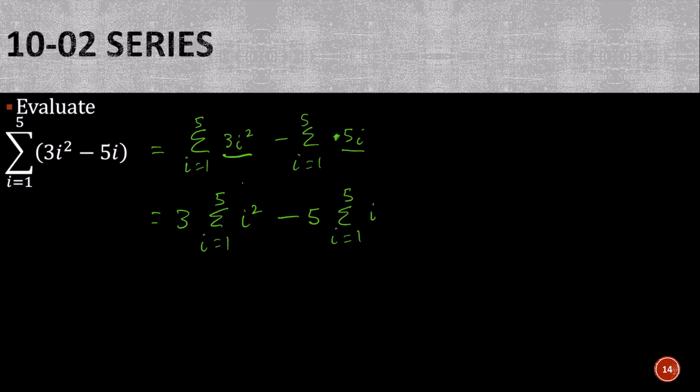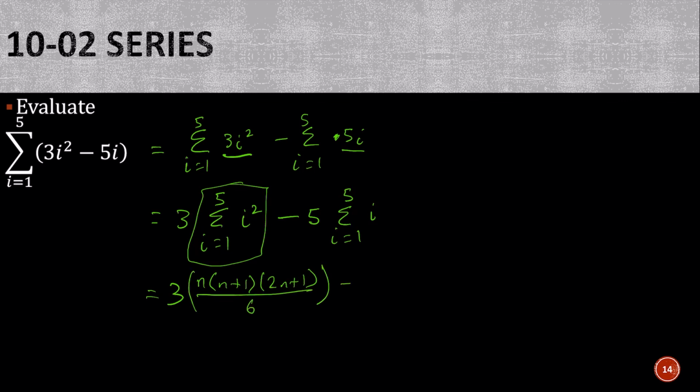And now, that's a shortcut formula. If we look back, that would be n times n plus 1, 2n plus 1, all over 6. And that's a formula. That one was n times n plus 1 over 2. Oh, but it's not n.